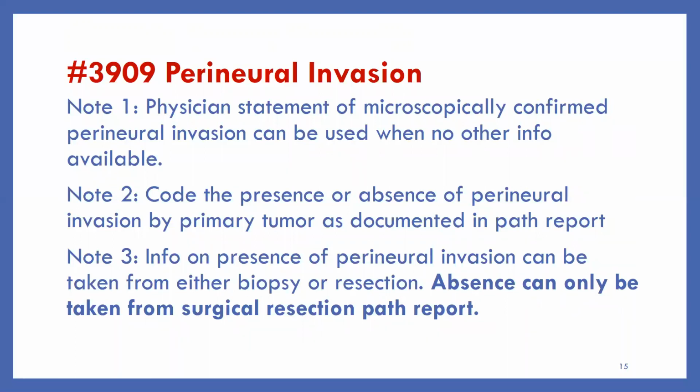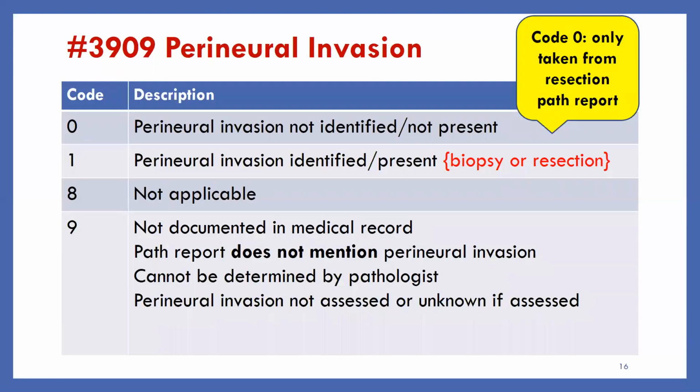Note 3, information on presence of PNI. If the PNI is positive, you can take that from either the biopsy or the resection. However, if the PNI is negative, if it's absent, you can only take that information from a surgical resection path report. So let's look at the codes.